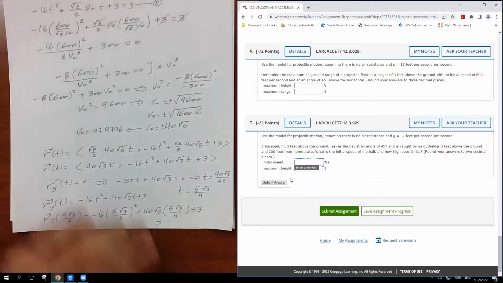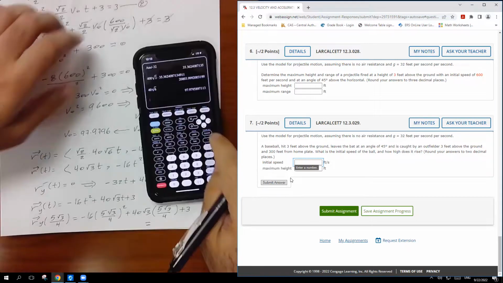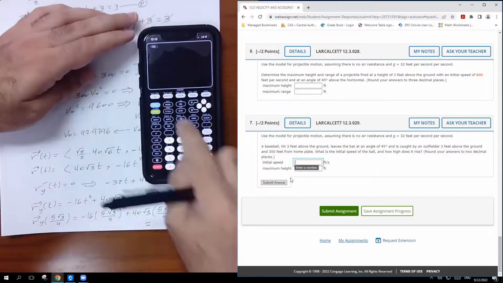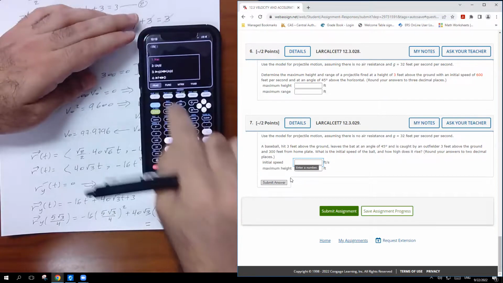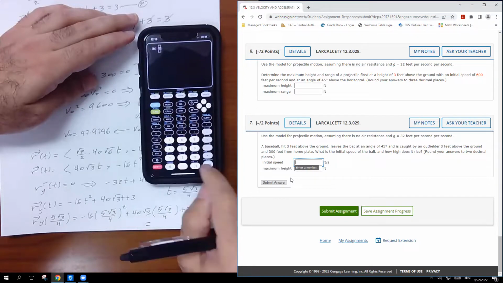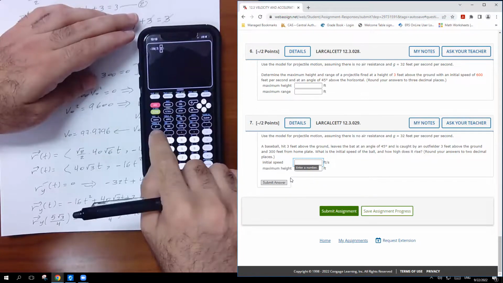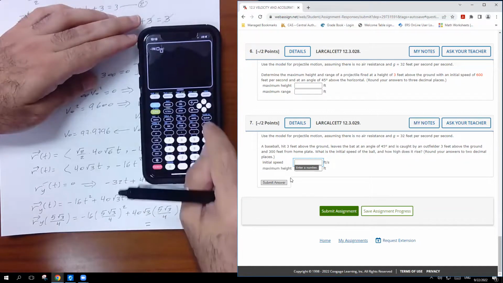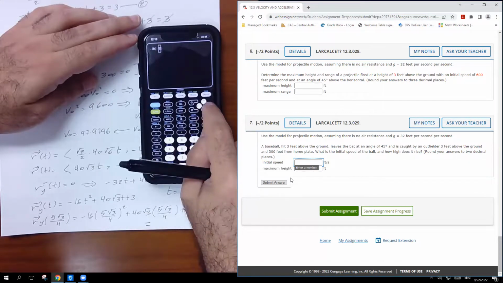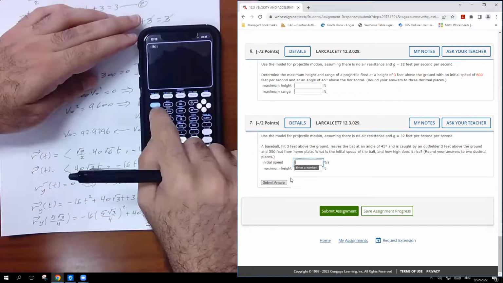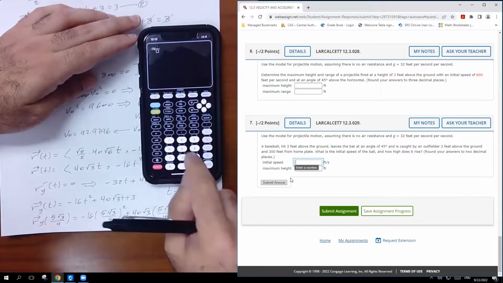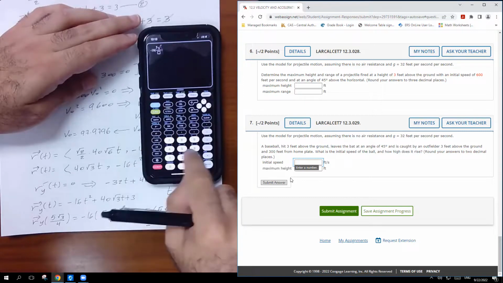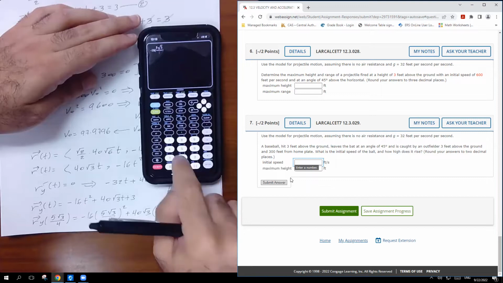Let's check that faster with the calculator. It's going to be negative 16, parentheses. Let's use the fraction mode: 5 square root of 3 and divide by 4.